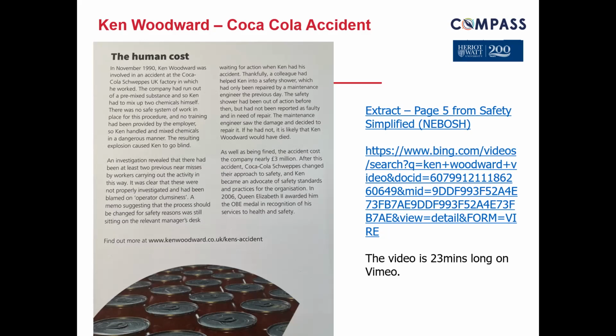But IOSH, the Institute of Occupational Safety and Health, in the Managing Safety course, they produced a video to talk about what went wrong. And as is the case with a lot of safety behavioral training we're getting nowadays, they throw in the aspect of emotion.